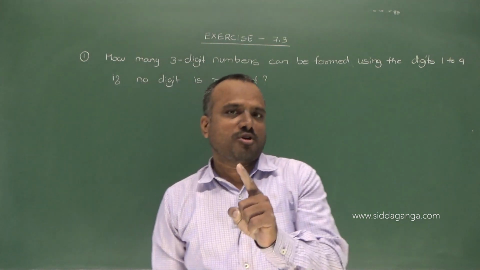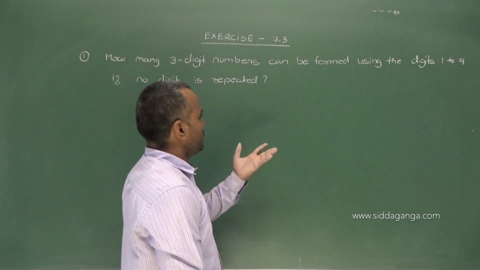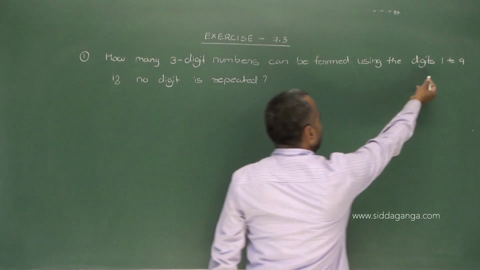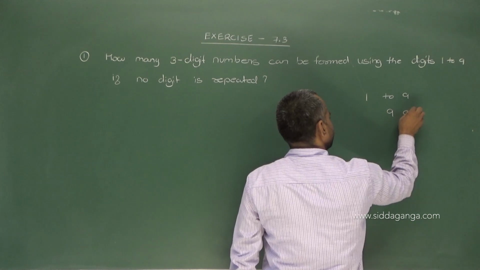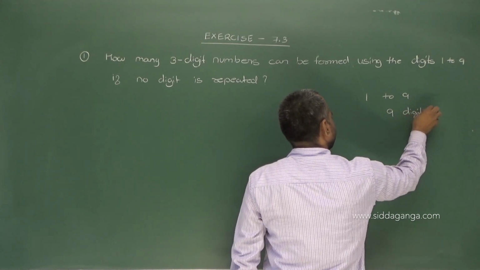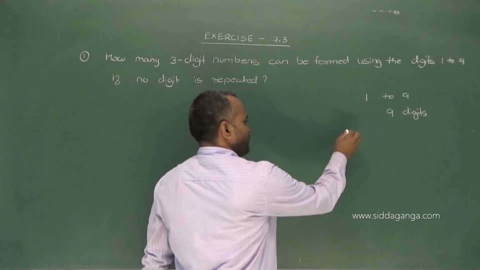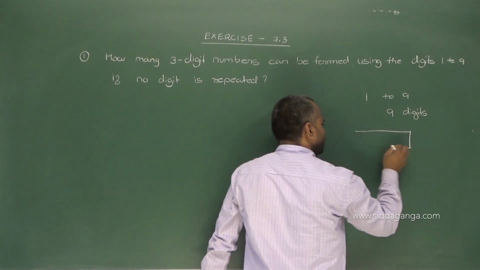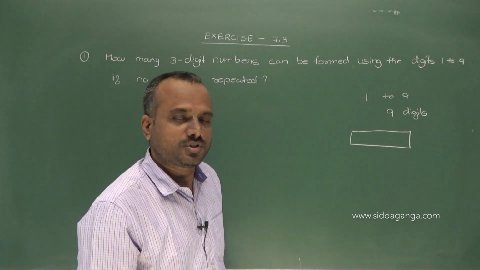So this problem we can solve by using the fundamental principle also. We have how many digits? 1 to 9 means 9 digits. Arrangement 3 at a time. I use the first fundamental principle of counting, from the first class.